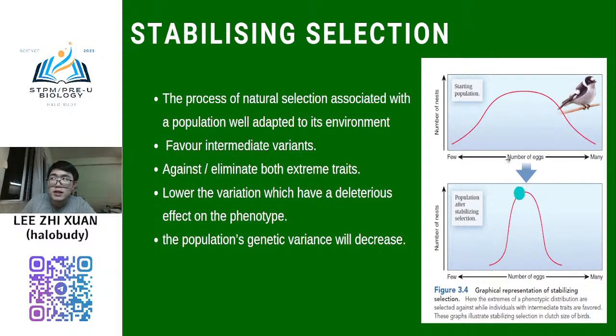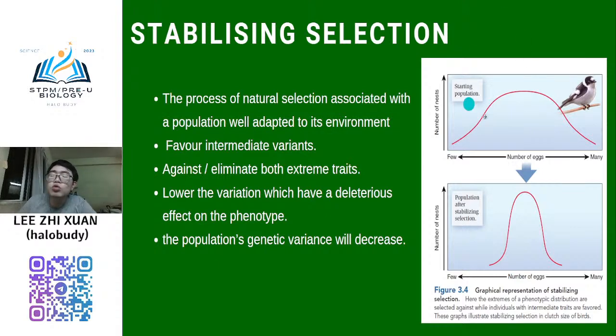Intermediate characteristic. So for this example, it is using the number of eggs for this bird. When it goes through stabilizing selection, the number of eggs reproduced by the bird is actually intermediate. It is not too many, and not too few.